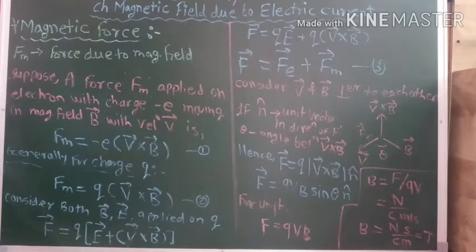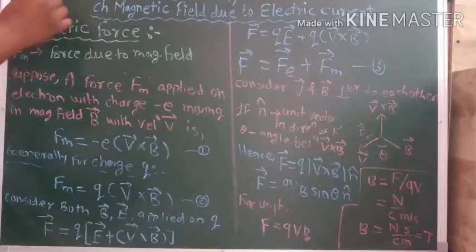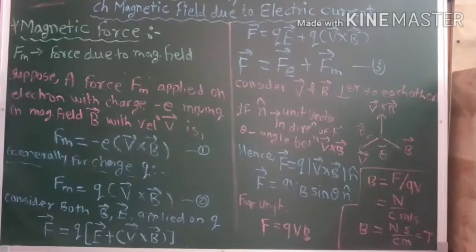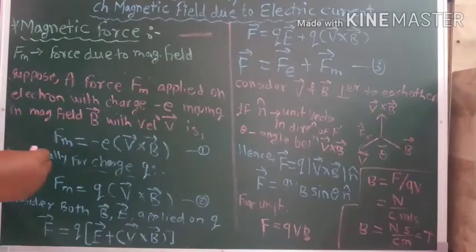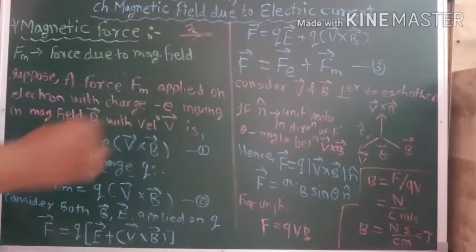That means when the electric current is passing through a conductor, a magnetic field is produced due to that electric current. Suppose this is the wire, or conductor, in which current I is flowing.